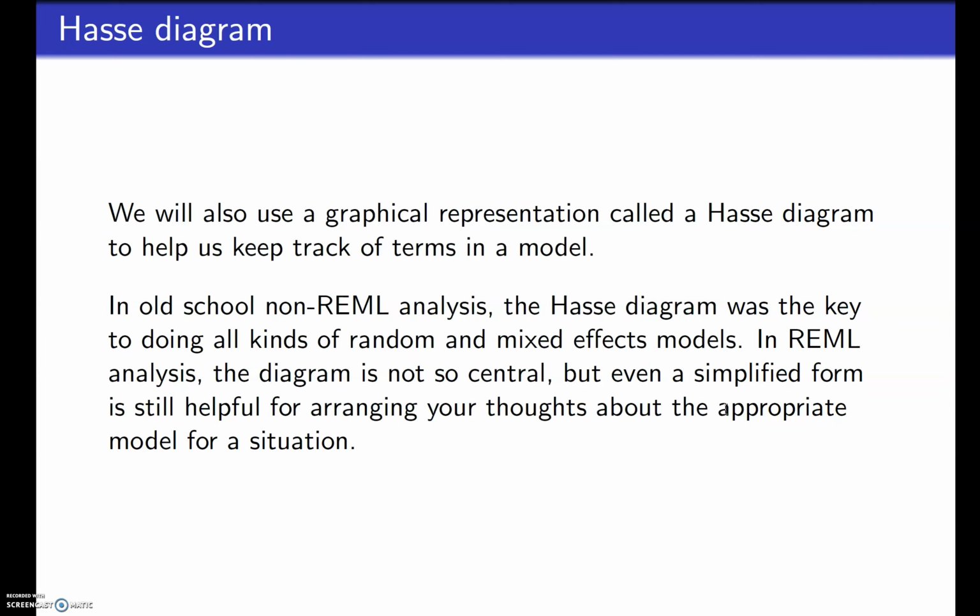In old school analysis, i.e., when we used to use the sum of squares approach for doing the analysis, the Hasse diagrams were essential for defining your mixed and random effects model. So remember, if you had a random effect using the old school method, the non-REML method, you could get weird negative variance estimates and things like that.